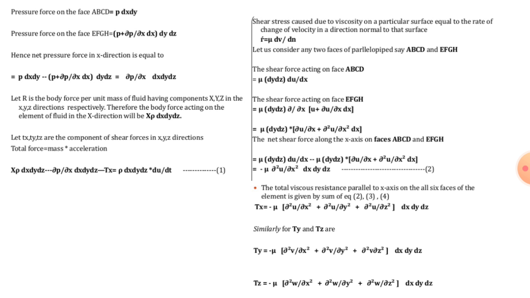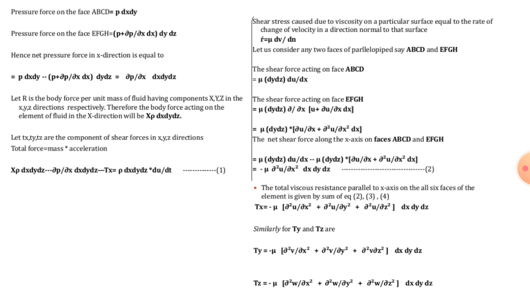Shear stress caused due to viscosity on a particular surface is equal to the rate of change of velocity in the direction normal to the surface. So τ is equal to μ dv/dn. Let us consider any two faces of the parallelepiped, say ABCD and EFGH. The shear force acting on face ABCD is μ dy dz ∂u/∂x.